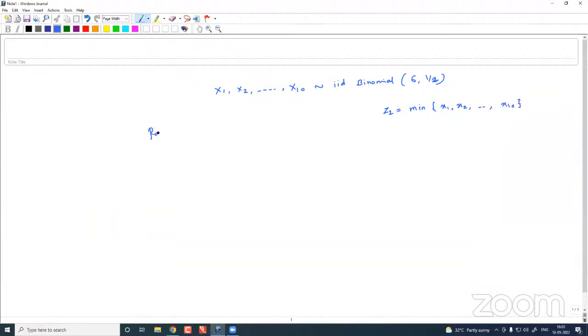So we know the range of each xi here. It is from 0 to 6. This is okay? And what we have to find is F_Z2 of 2. This means the probability that Z2 takes a value less than or equal to 2.